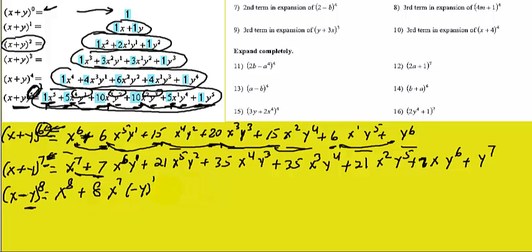Okay, so then I have a plus, and then 21 plus 7, which is 28. X goes down, negative y comes up, plus 35 plus 21, which is going to give me 56. X goes down, negative y comes up.